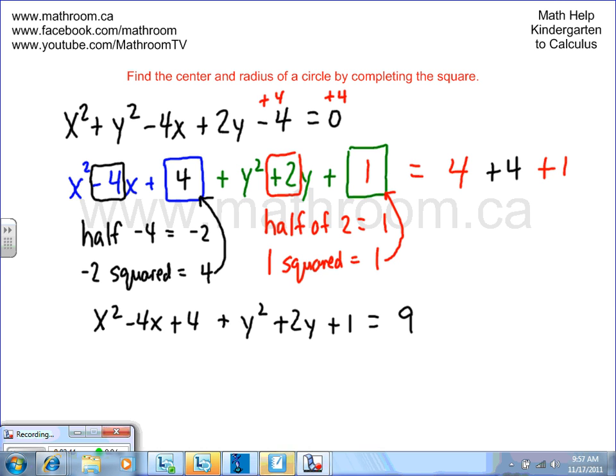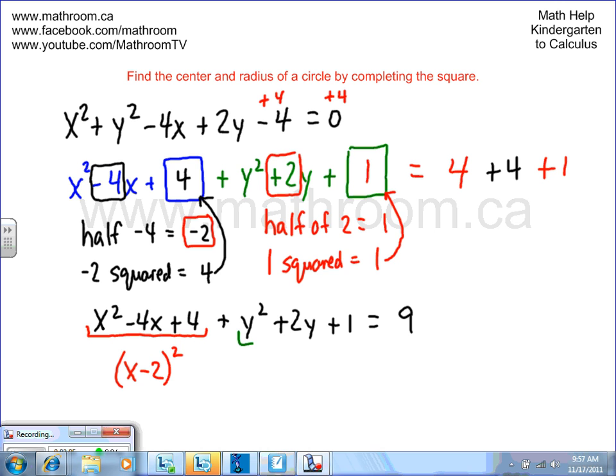The reason we found this third number was because this trinomial here now becomes a perfect square. And we use this number as the answer. So x minus 2 squared. And same thing with the y's.